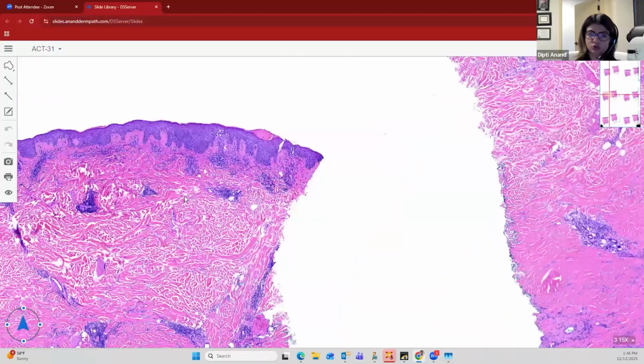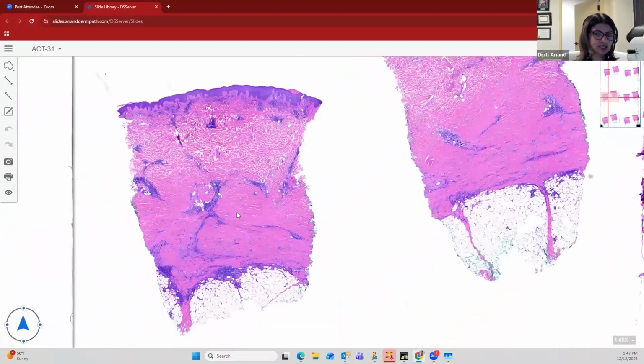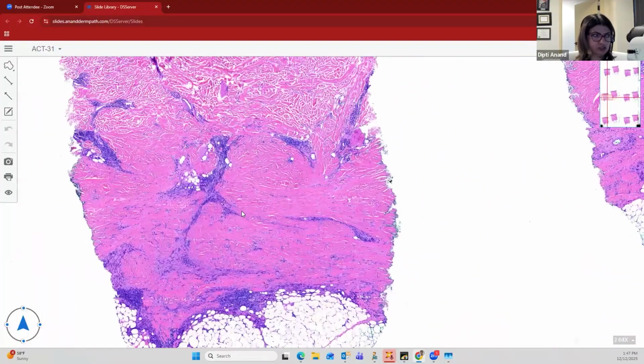But based upon the lymphocytic infiltrate, you cannot distinguish between morphea and scleroderma. Honestly, you cannot distinguish between the two. The only time you can is if it has calcification that may give you a hint, but even that is not pathognomonic. That was from a patient with CREST syndrome, and that's the reason I could make the diagnosis, but otherwise not. Okay?